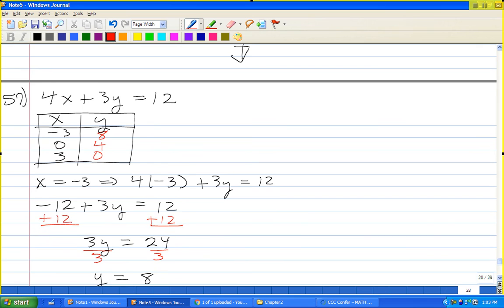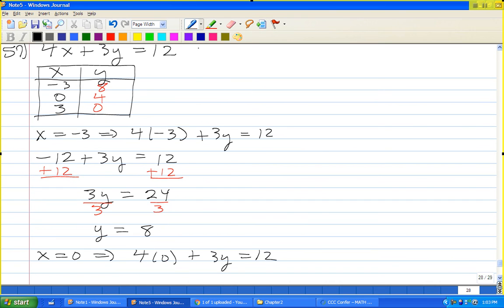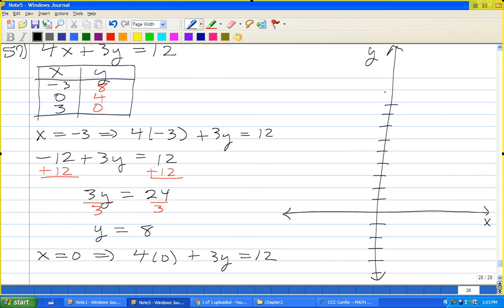So let's sketch the graph of this. So negative 3, 8, 0, 4, and 3, 0.